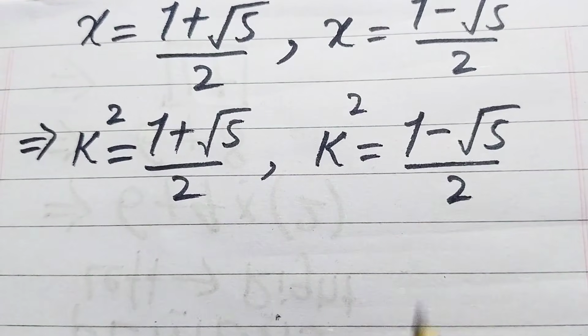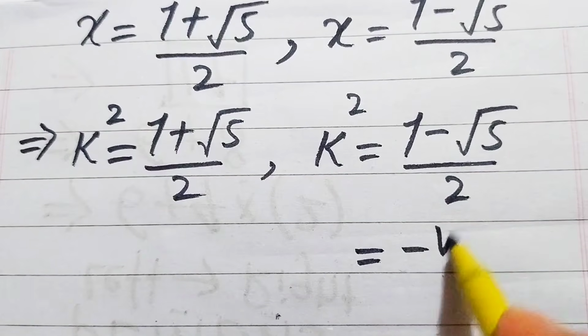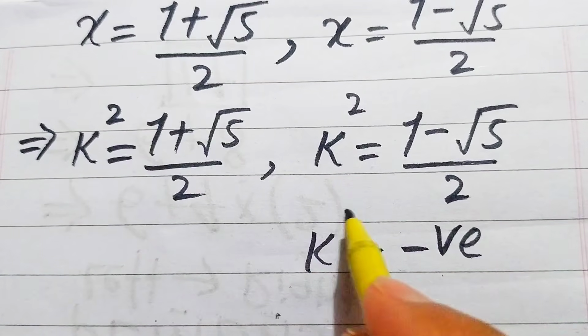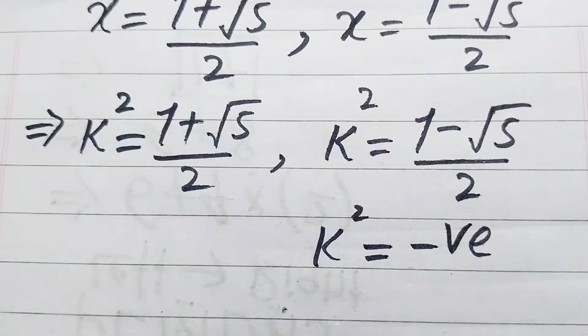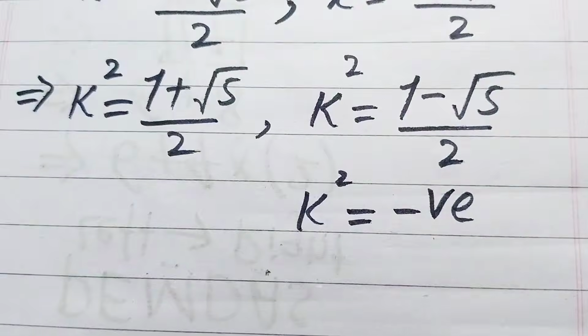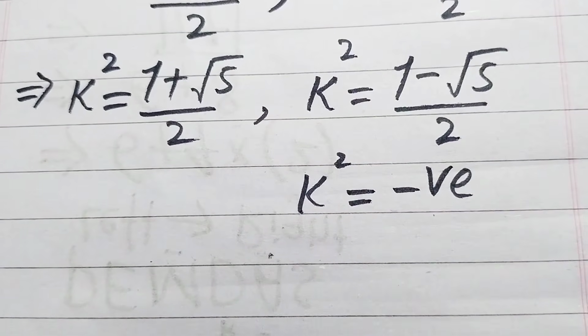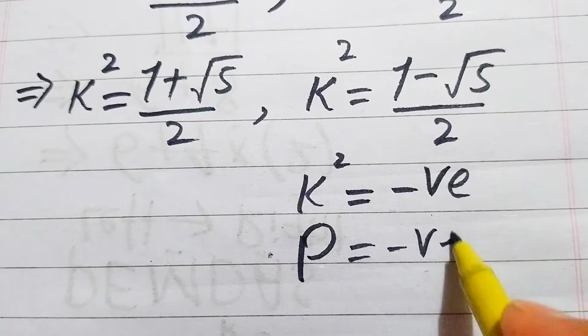So if we simplify the right hand side, our right hand side gives us a negative value. And we know that k square is the perpendicular side of this right triangle. So if k square is the perpendicular, this means that the perpendicular side is negative.